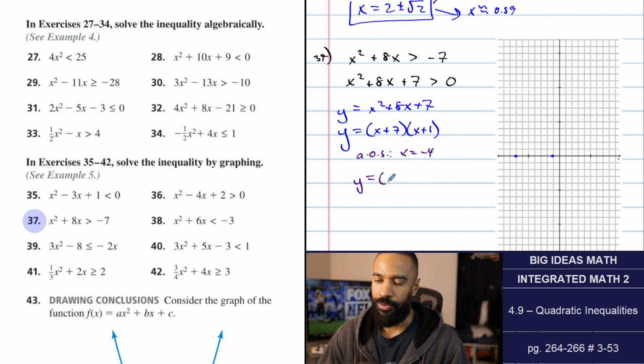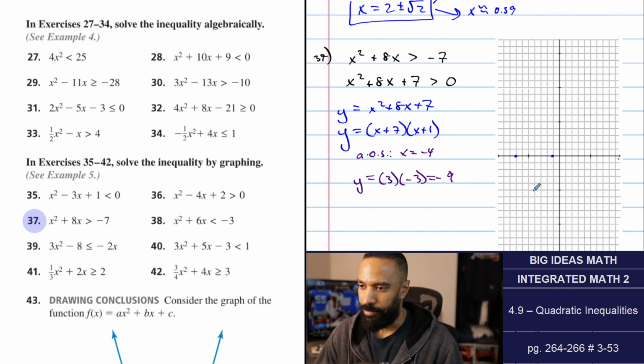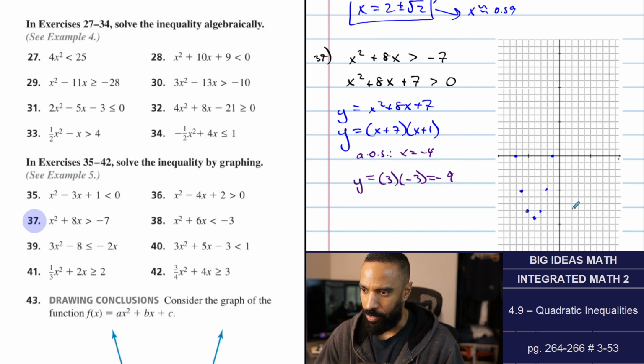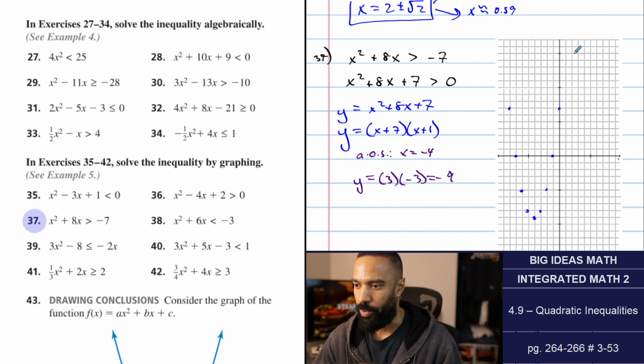The y value for that, 3 times -3, which is -9. So this graph, -4, -9, has a stretch factor of 1, 1, 1, 2, 4. There's our 3, 9 right there. 4, 16, it's at y equals 7, right? 4, 16, boom. So everything's kind of tracking the way we want it to.